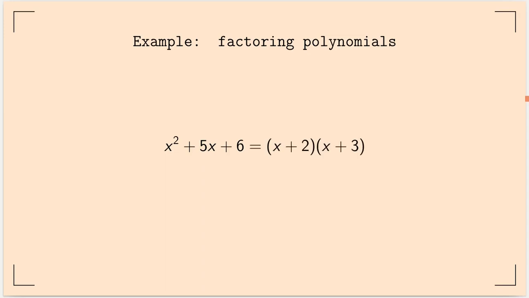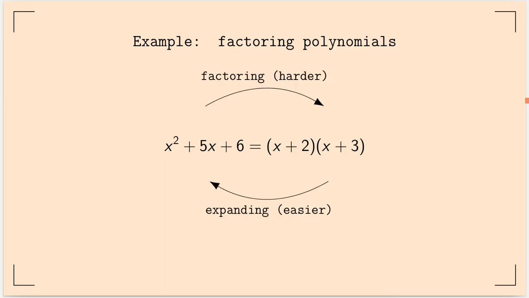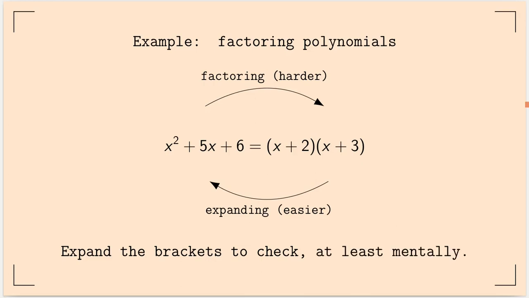Okay, but the thing here is if we think about what's happening, going from left to right is factoring, which is significantly harder than going from right to left, expanding. So I would recommend expand the brackets to check, at least mentally, if you don't want to write it down.